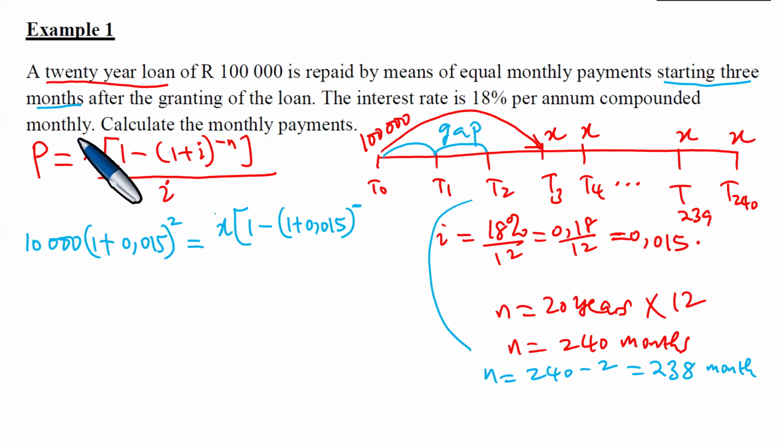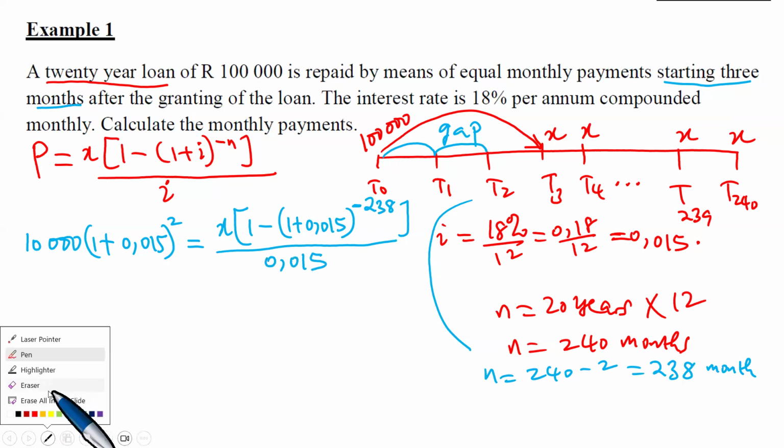Oh, divided by 12. Okay, that's fine. Thank you for noting that. So we divided by 12. Thanks for engaging, because I want more engagement. 238, close bracket, all divided by 0.015.